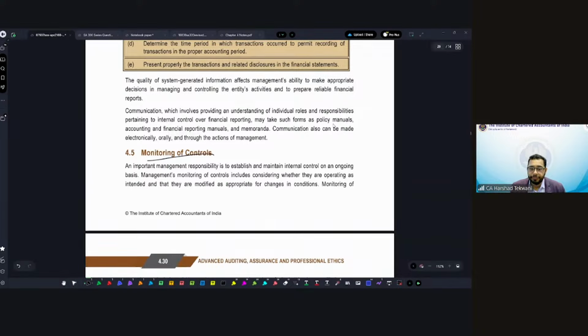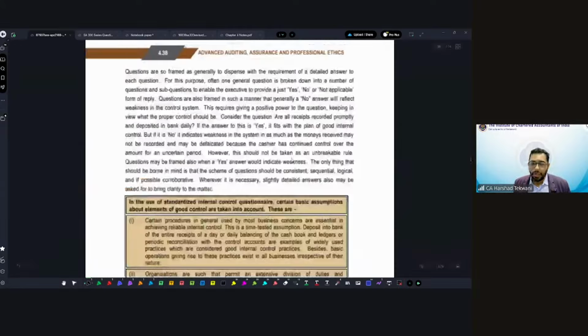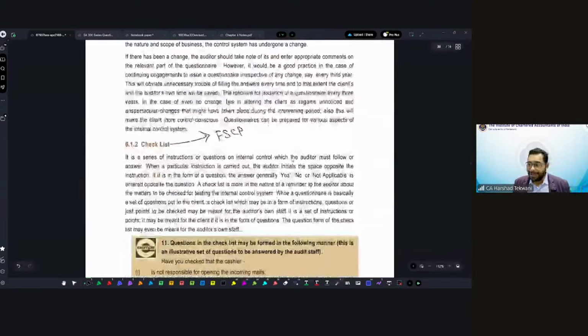Any doubt? Okay. If no doubt, then we have already seen the technique for the evaluation of the internal controls. For example, when we want to evaluate a particular internal control as an auditor, either we will use the questionnaire where we'll collect information based on the questions which are mentioned, or we may use a checklist.